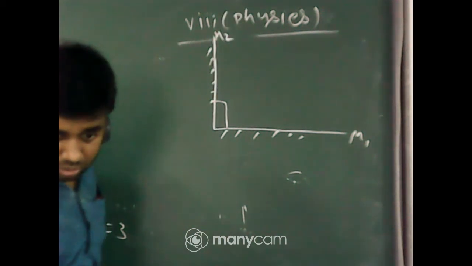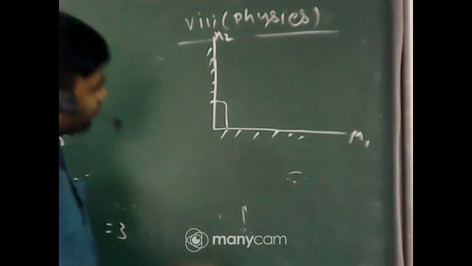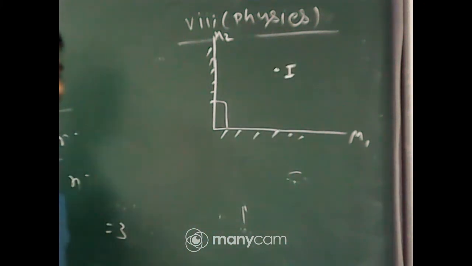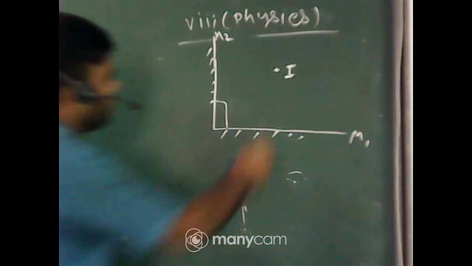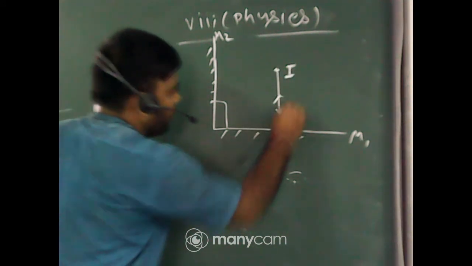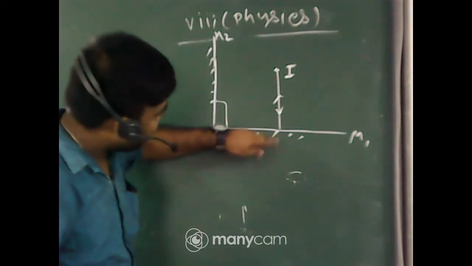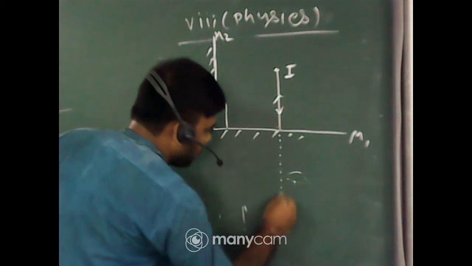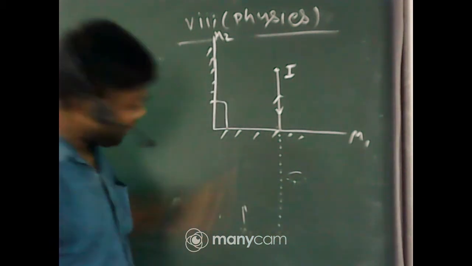Now one object is here, that is I. Now one ray comes from it and reflects, falls on the mirror and reflects in the same way. Just extend it. Okay, and why the dotted line?